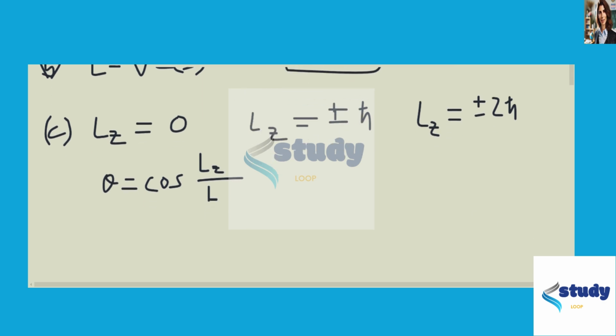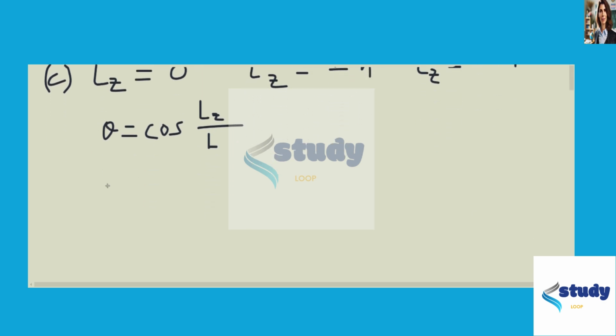So for the different values of L sub z, we can have different angles. We can call theta 0 for when L sub z is equal to 0. And so this gives a value equal to, so what's the inverse cosine of 0? Inverse cosine of 0 is equal to pi over 2.